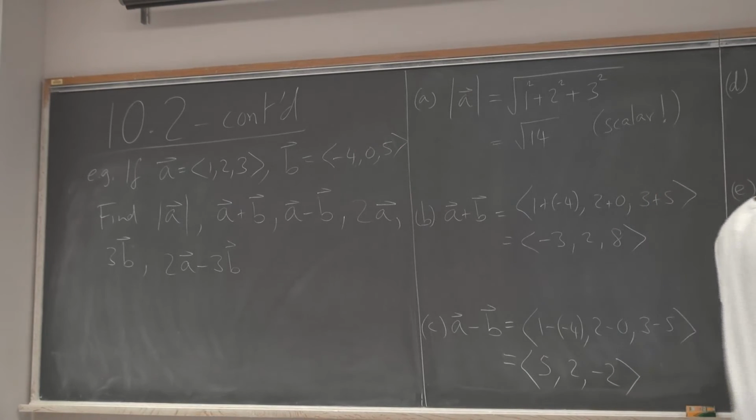Two A would be what? So that would be, yeah, there's 2 times 1, 2 times 2, 2 times 3, which is just 2, 4, 6. 3B is 2, 3.